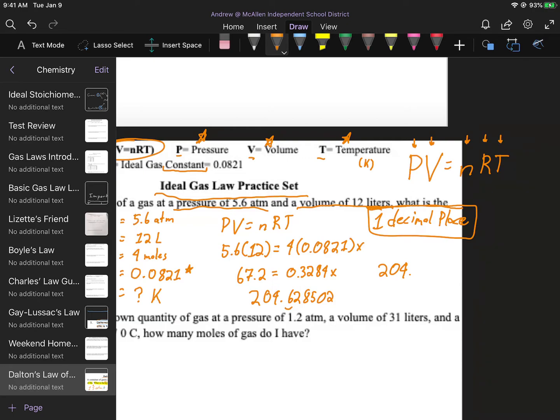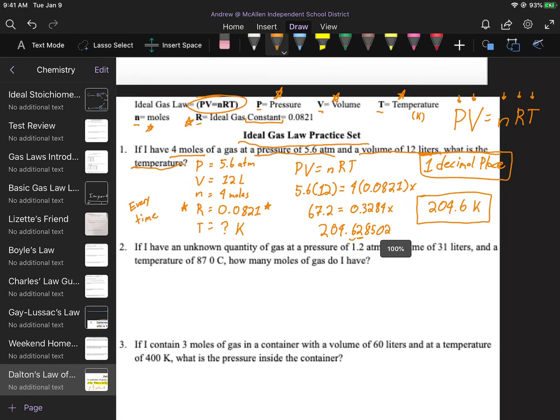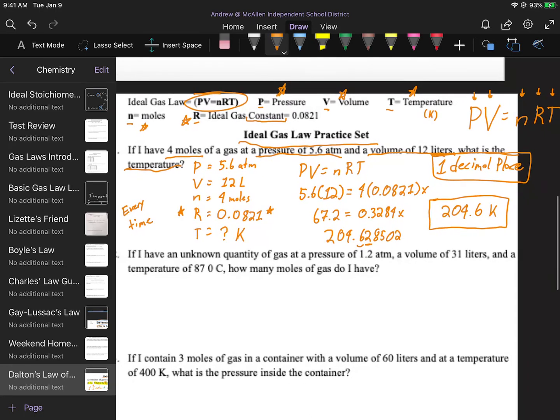Here's the 6. Look at the 2 for rounding. Stays the same. 204.6. Oh wait, this is a temperature. Kelvin. So there's a little bit more to these kind of problems, but they're still pretty easy. Just like any other problem that I give you, there's only one variable that you don't know. So you just have to solve it.